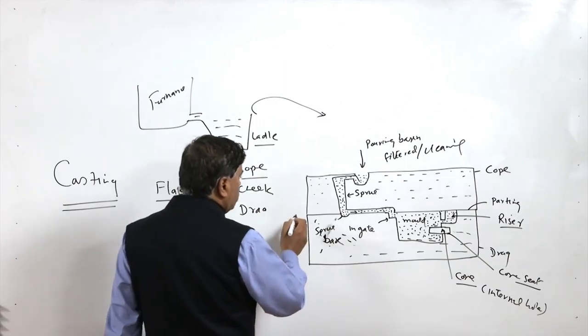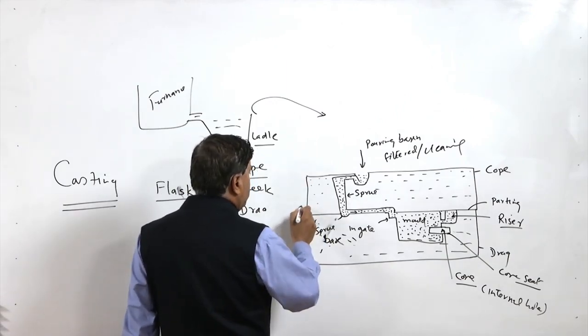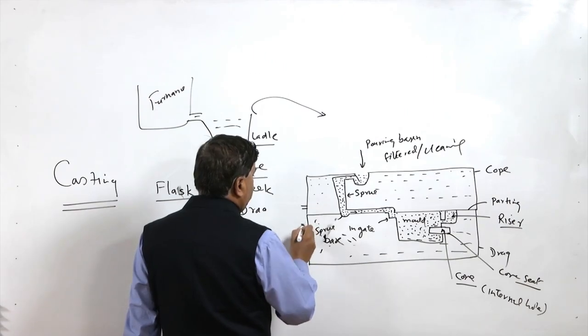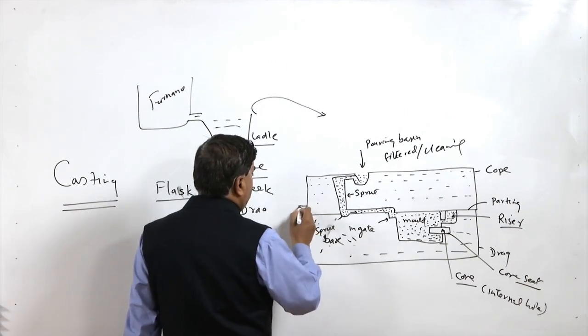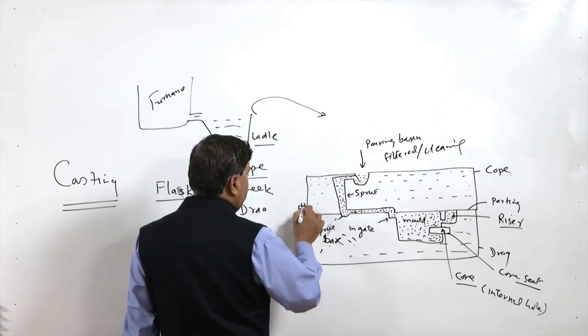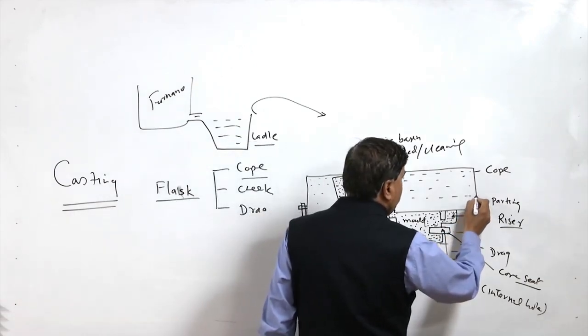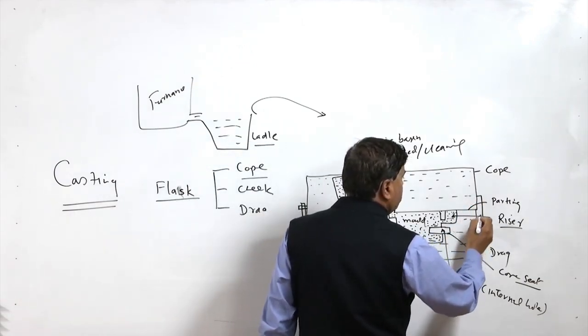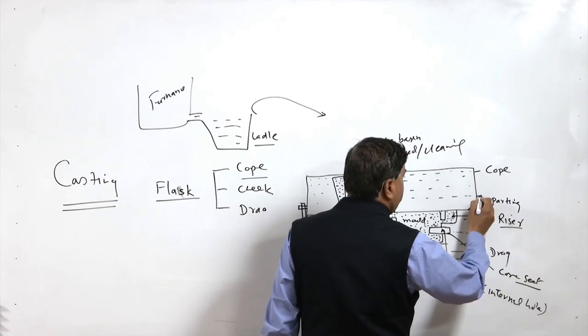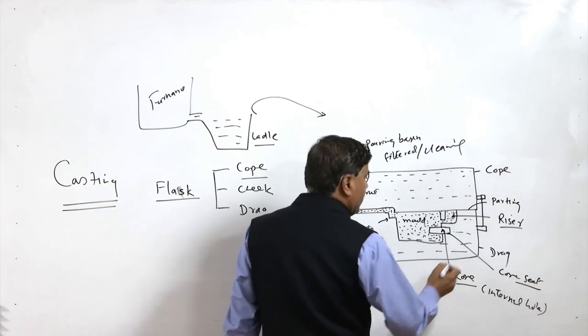In order to hold the cup and drag with each other, normally pins are used, so that the pins will help them to keep aligned as well as hold them together, so that the separation of the mold due to the metallostatic pressure after the feeding of the liquid metal to the mold is avoided.